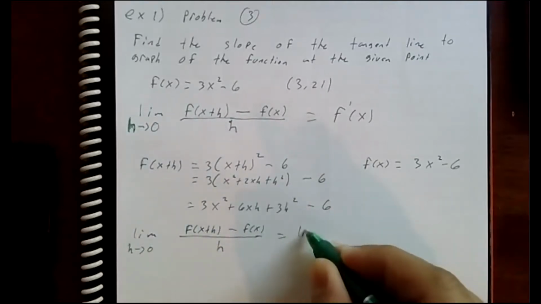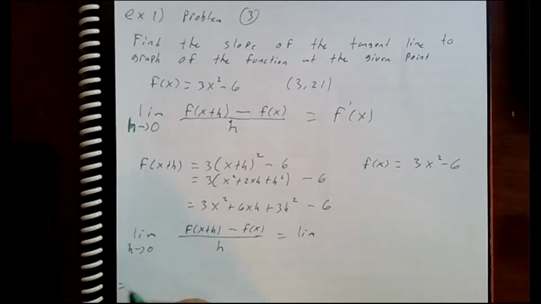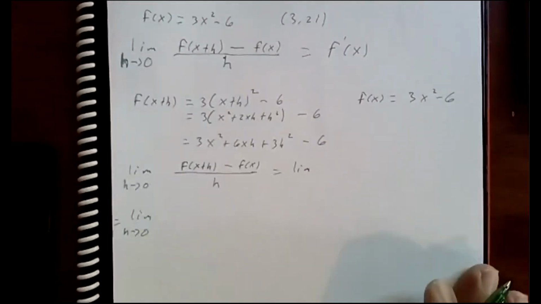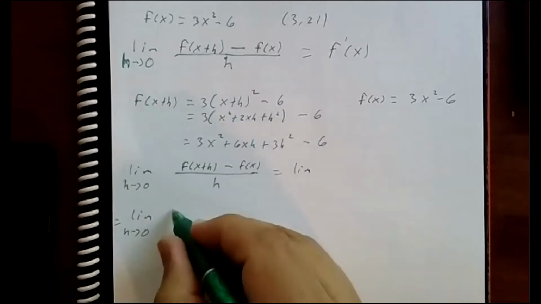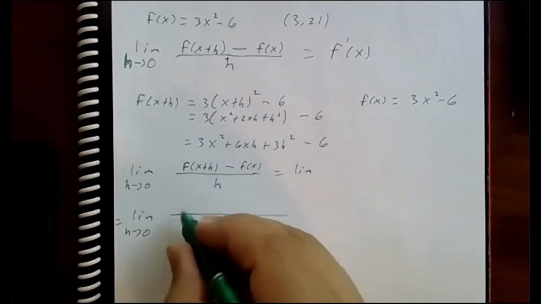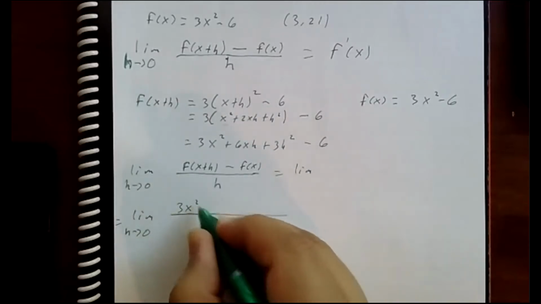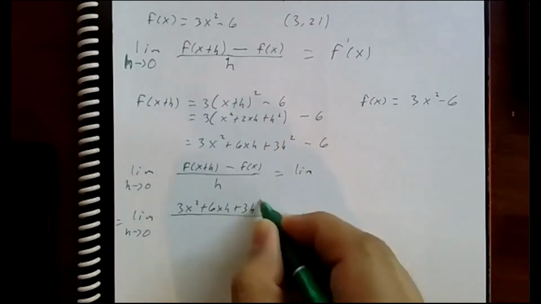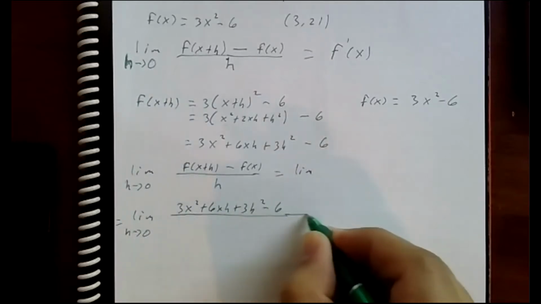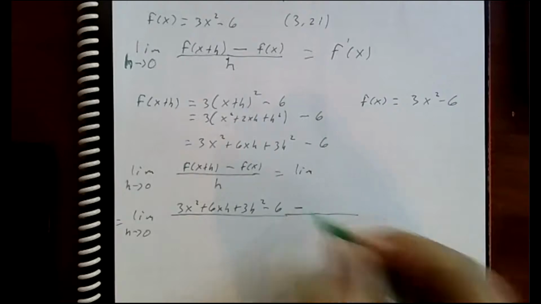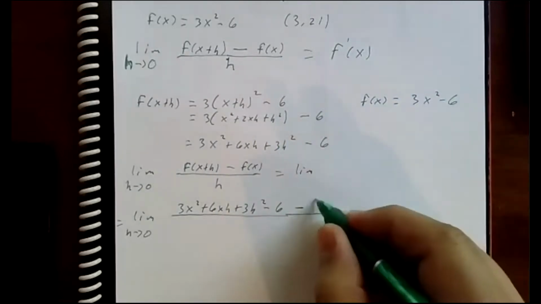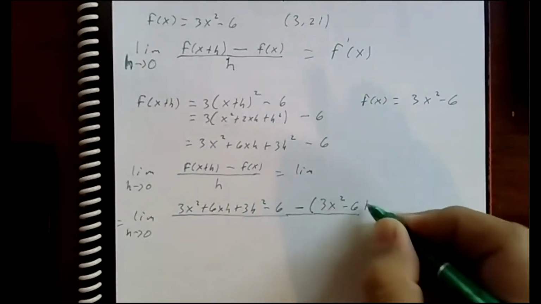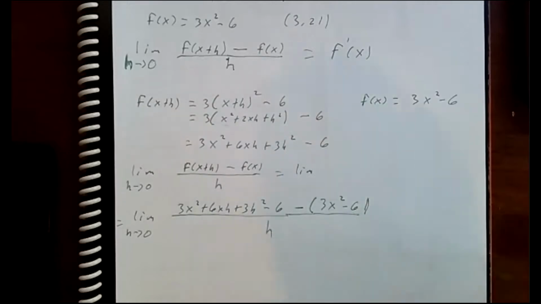So that equals the limit as h approaches 0 of 3x squared plus 6xh plus 3h squared minus 6, minus the f of x, so minus that whole thing, to put it in parentheses, over h.